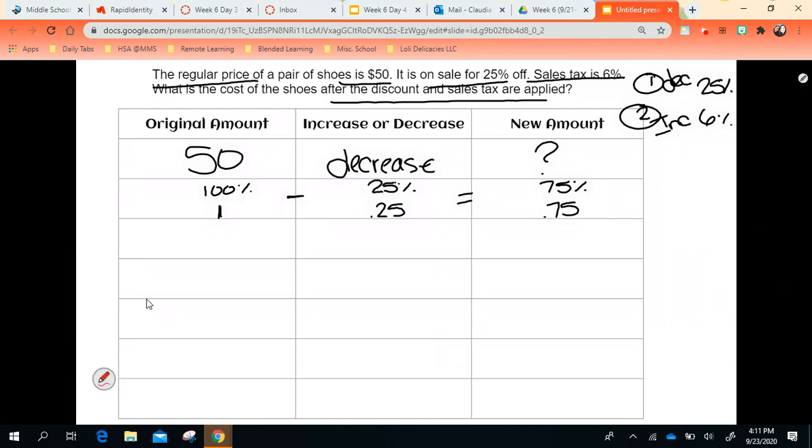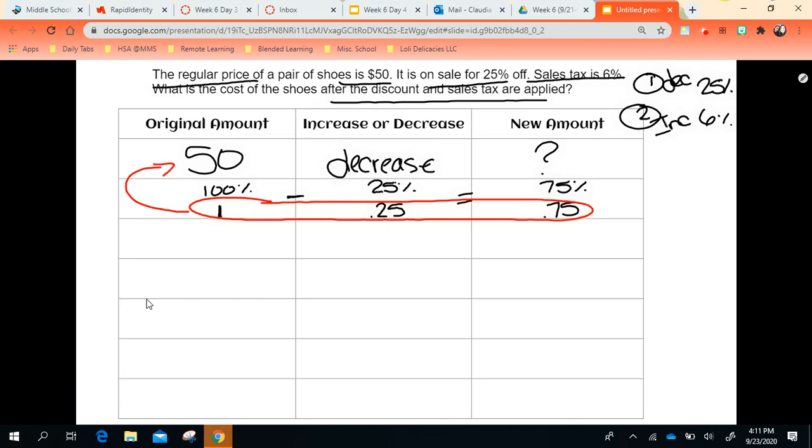Now for our next step, we're going to take our decimals and we're going to multiply by the original. So I'm going to go ahead and do 1 times 50. Whereas for our one-step problem, I would have solved that, I'm not going to solve it for our two-step problem.